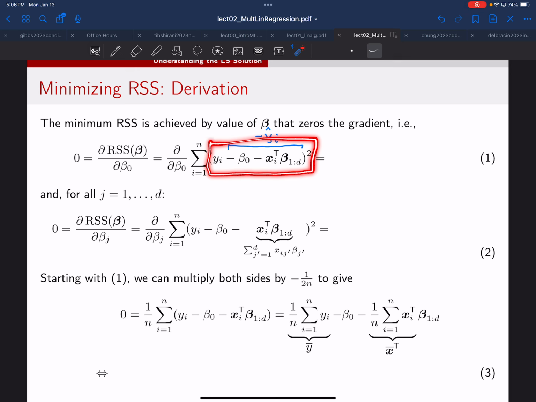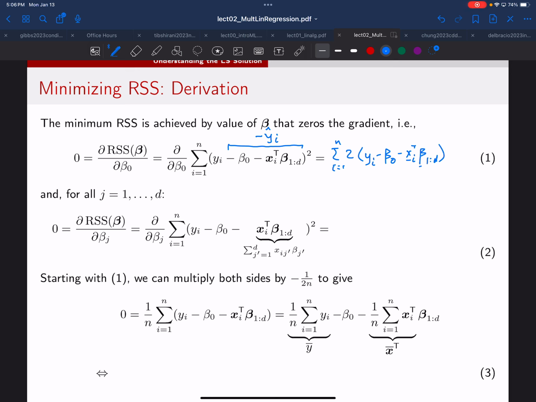First term should be 0. So it's chain rule because of the square. That's 2 times the whole interior. So we keep the sum. Yep, and then we got 2 times the whole interior, yi minus, and I think here I'll write everything out, beta naught minus xi transpose beta 1 through d.